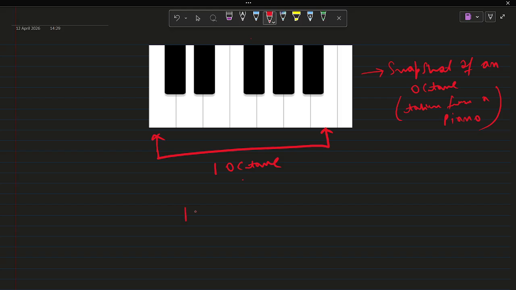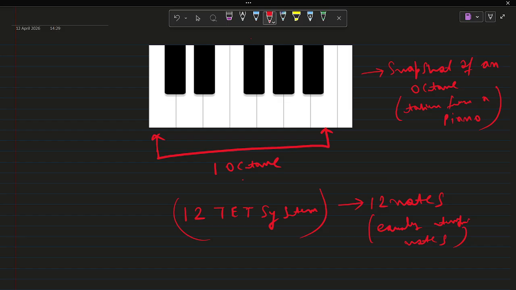So here we are discussing the 12 tone equal temperament system, or 12 TET, where one octave is divided into 12 notes. Okay, 12 equally tempered notes. So what does it mean by equally tempered?